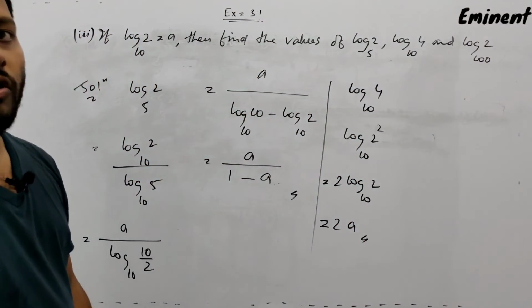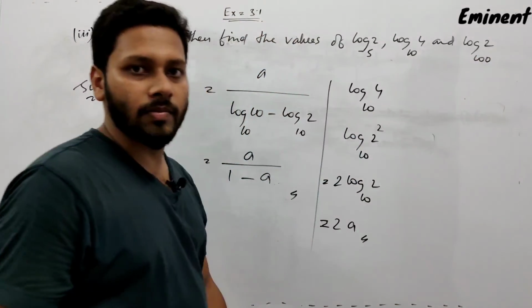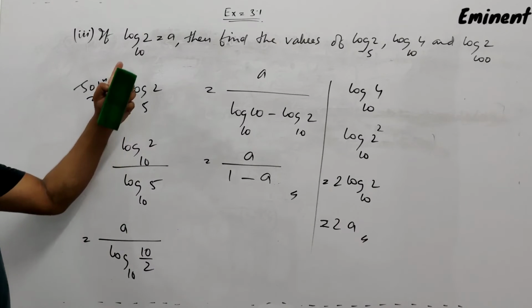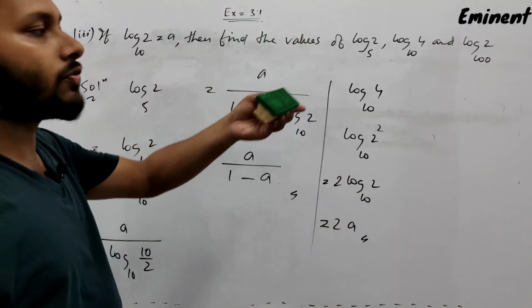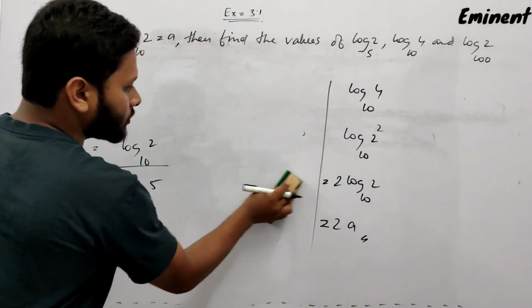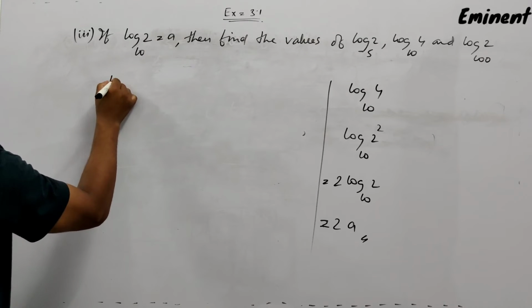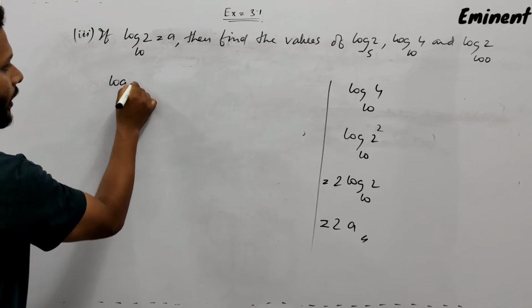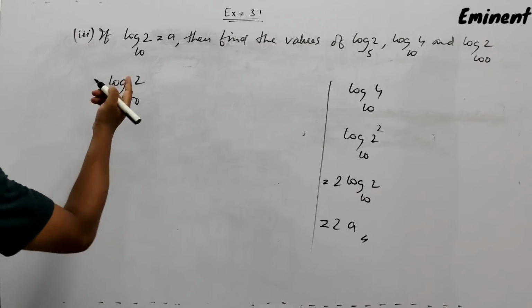Now we have to find the value of log base 100 of 2. Here also you can see that both the bases are not the same. Base is 100, but in the given question the base is 10. So we have to convert this 100 in terms of 10. So how can we convert? It can be written as log base 100 of 2. Now I'll convert this in terms of base 10 by applying the base change formula.